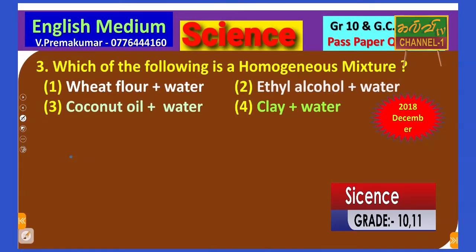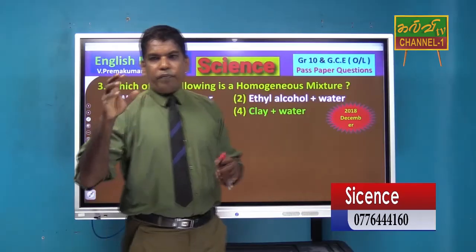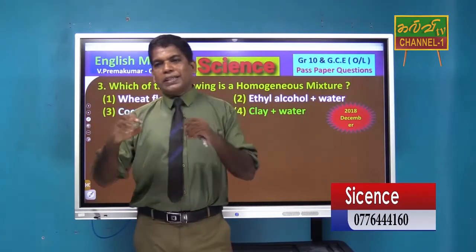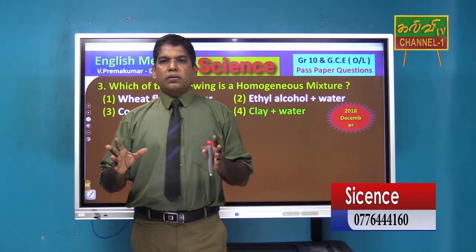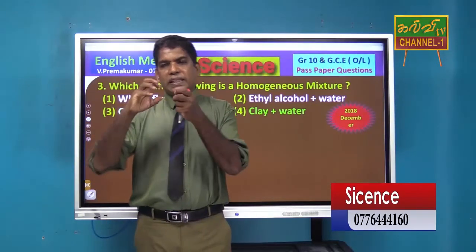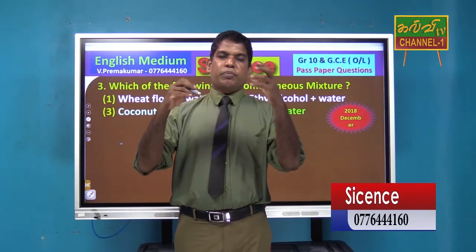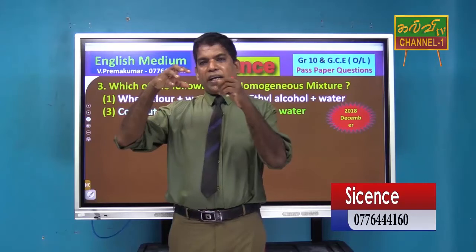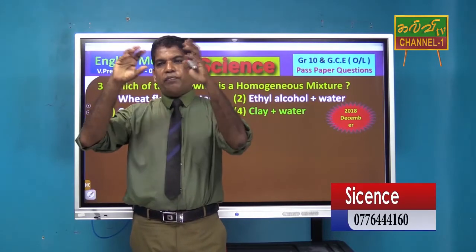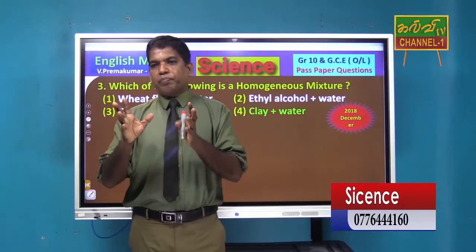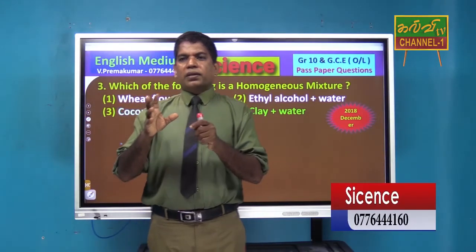Which of the following is a homogeneous mixture? Homogeneous mixture, we will study that. Homo means same kind, right? Homogeneous mixture means the particles or structures are the same everywhere.